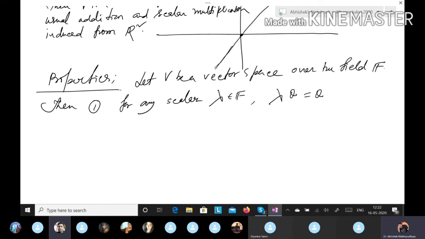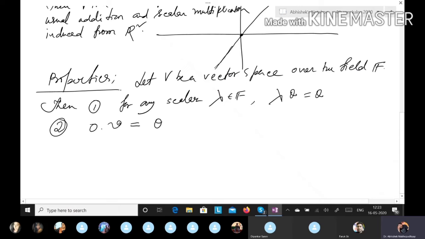So lambda theta is theta. Now the second one is, if we consider the 0 of the field F, then 0 dot any vector V will be theta, for any vector V belonging to capital V.